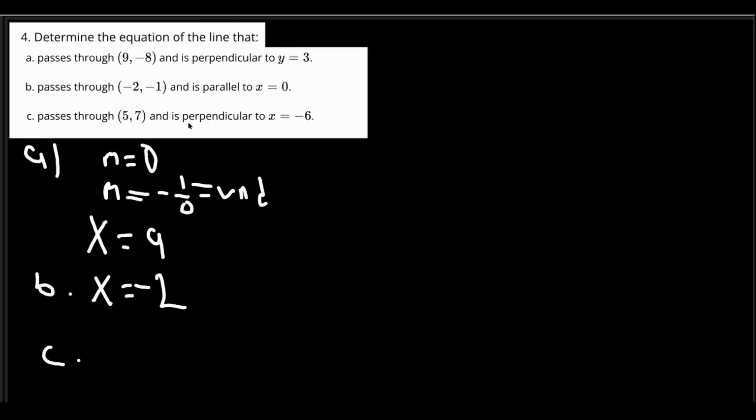For C, the slope is perpendicular to x equals negative 6. And so what is perpendicular to undefined is 0. Okay, so I'll just write this down really quickly. The slope is undefined. And undefined, as we did in a previous question, we wrote that down as 1 over 0.